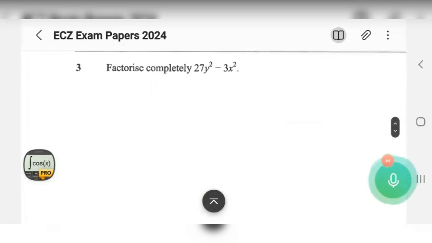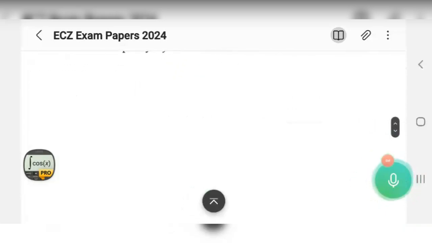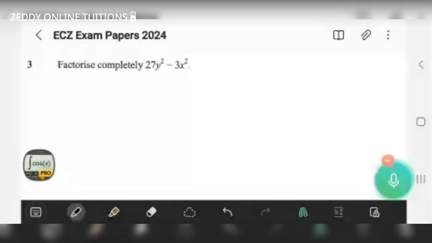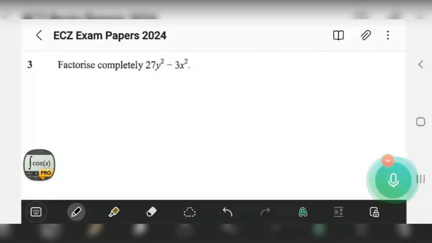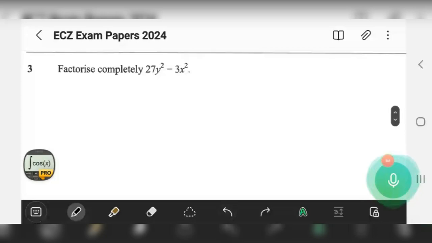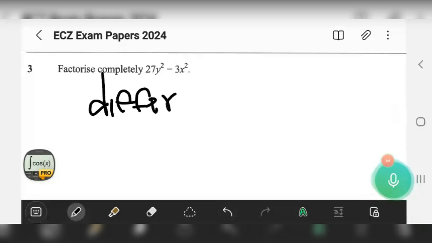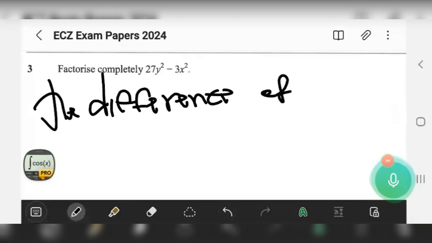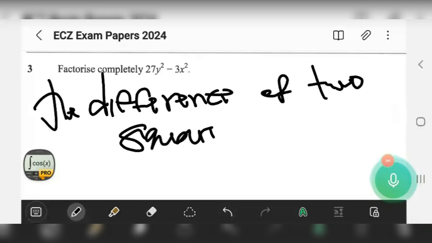All right, so we've got a question here. Factorize completely 27y squared minus 3x squared. Okay, if you look at this question, there are a number of things that should come to your mind, but the first thing is the concept of the difference of two squares.